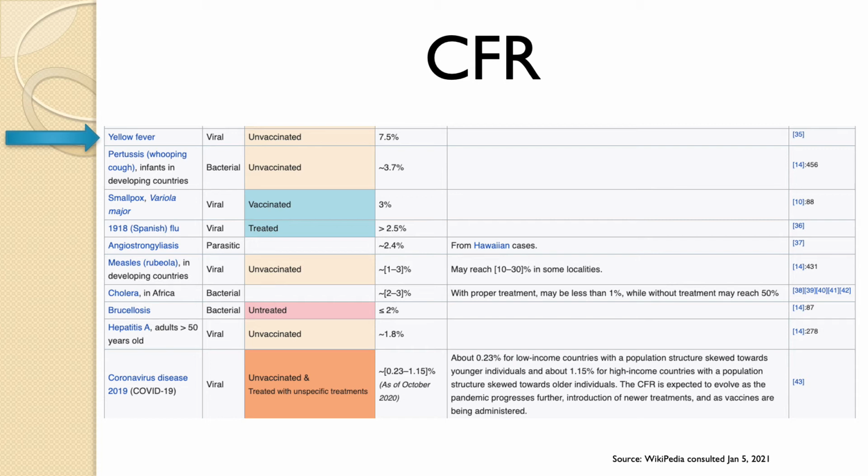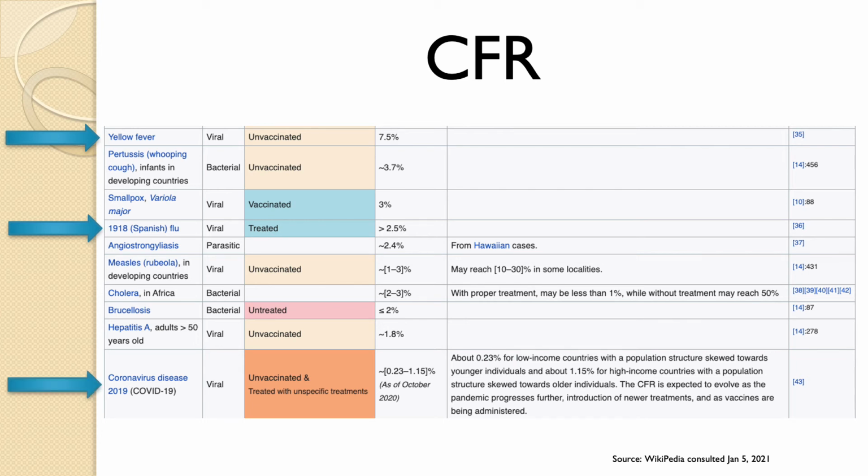It has a case fatality rate of 7.5%, and that is why in some countries where it is endemic, there is an obligation to have a vaccine against this. And the Spanish flu in 1918 had a case fatality rate higher than 2.5%. And this was especially caused by deaths of younger people.